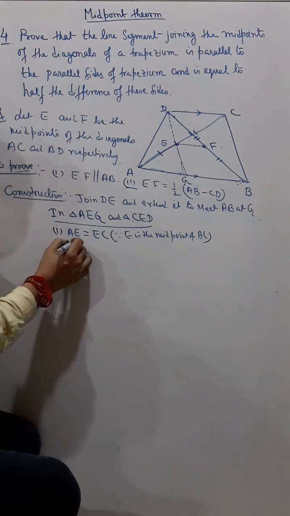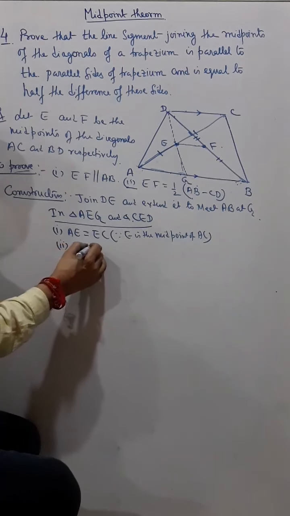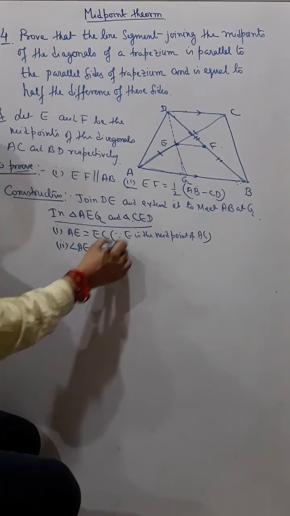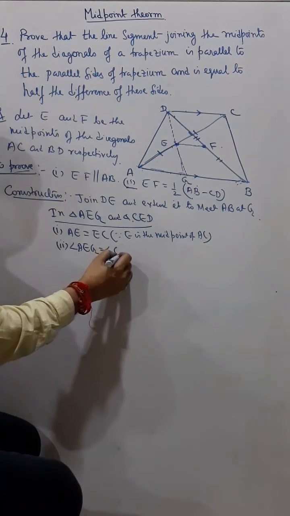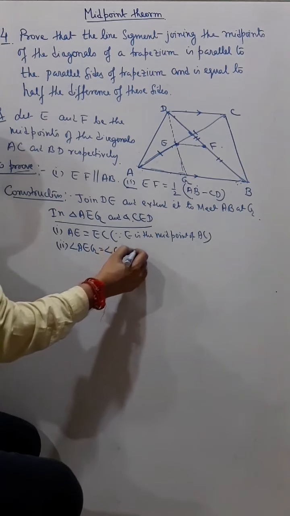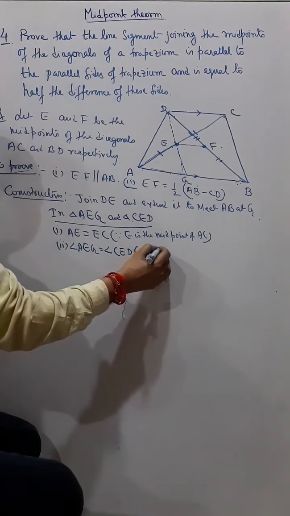The second, we can say angle AEG is equal to angle CED, because they are vertically opposite angles.